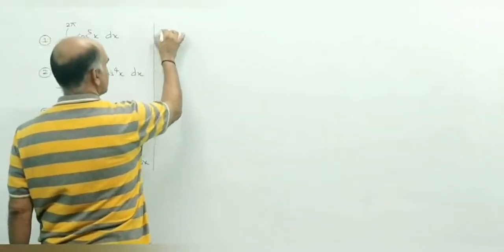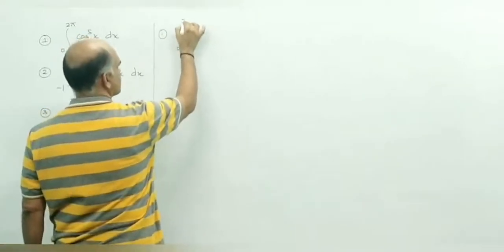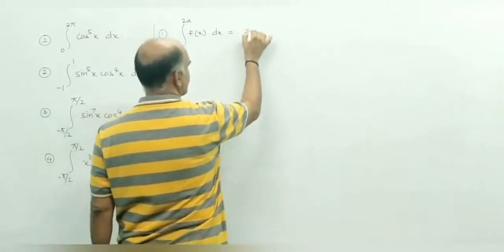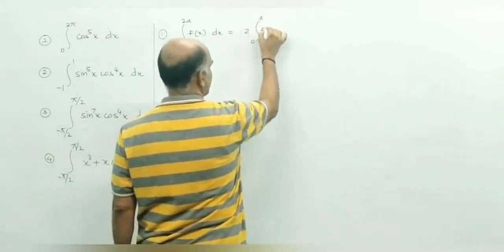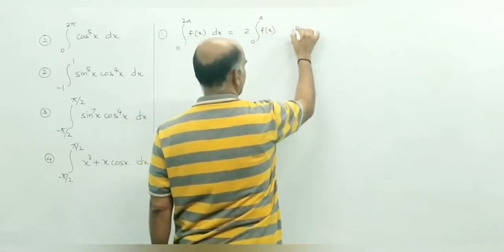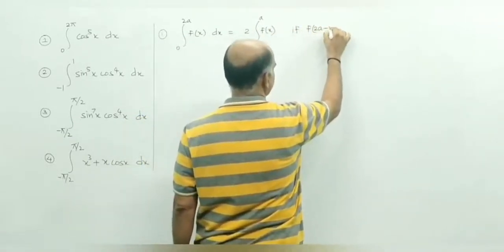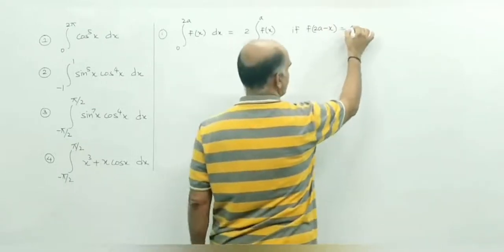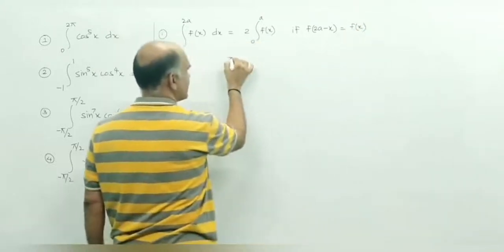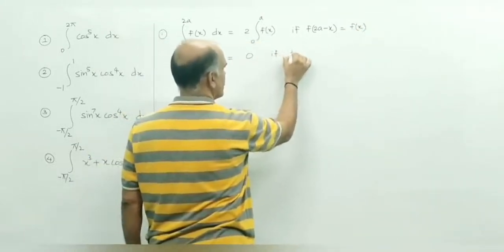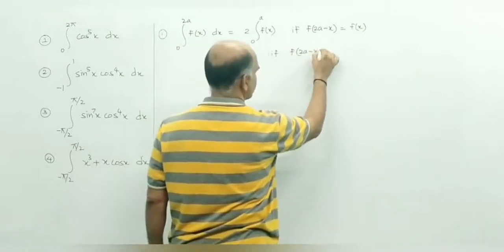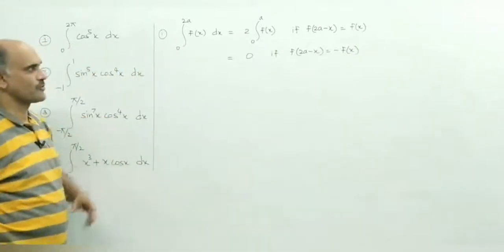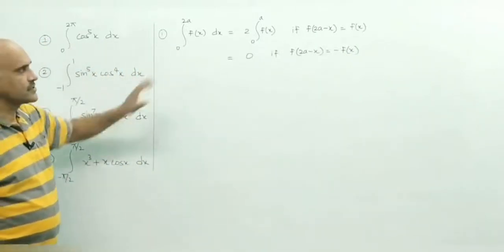So the integral from 0 to 2a of f of x dx is equal to 2 times the integral from 0 to a of f of x dx if f of 2a minus x is equal to f of x, else it is 0 if f of 2a minus x is equal to minus f of x. So if you remember this property, it is based on this.